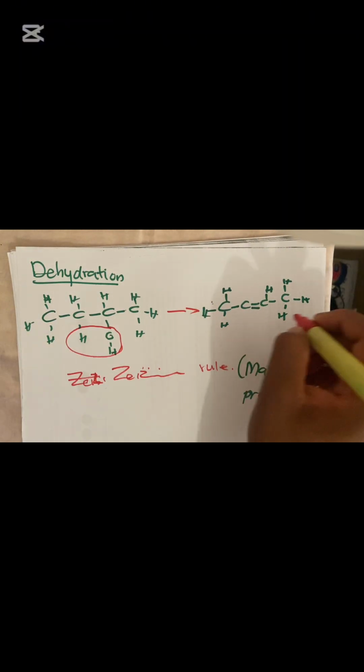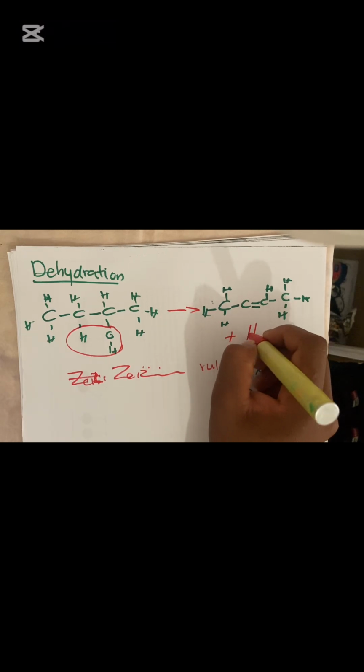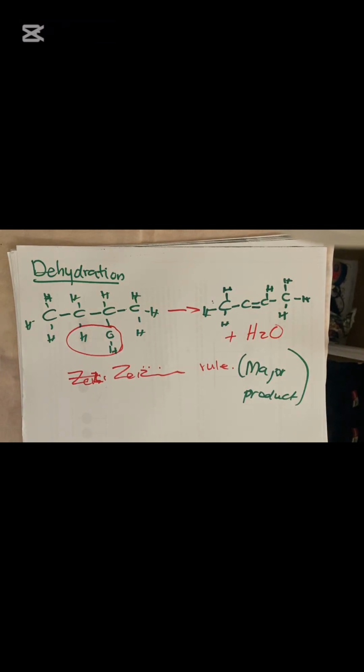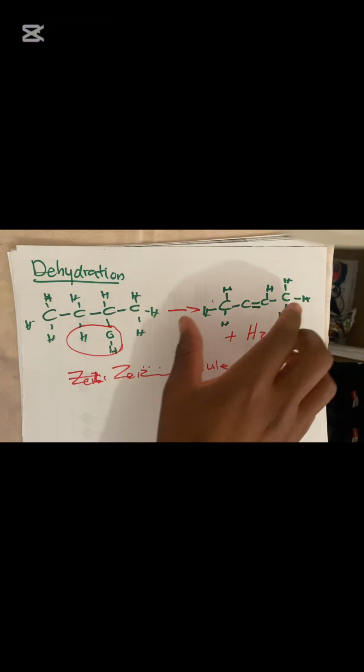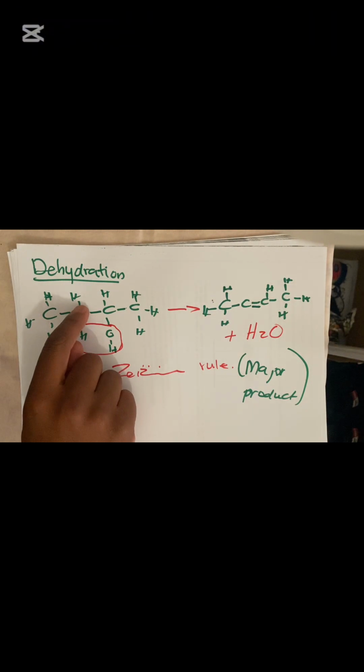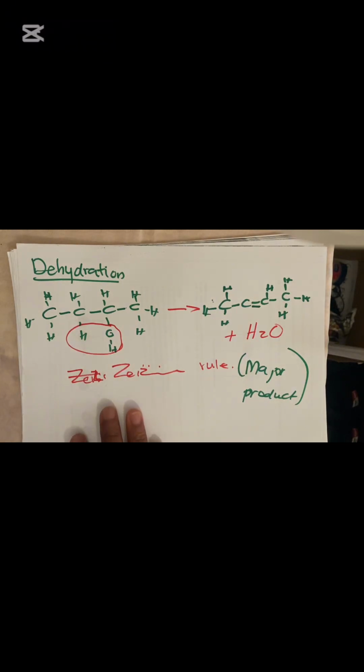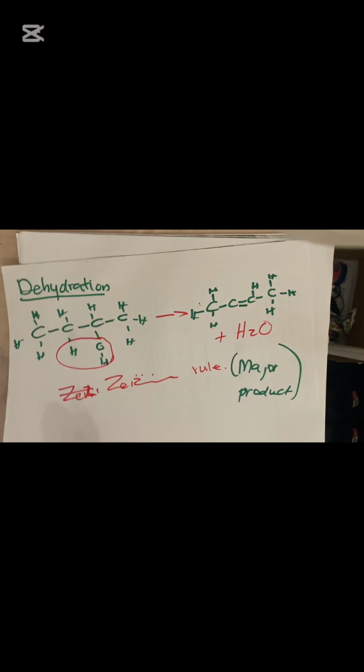We removed water, so we add plus H2O. The water is being removed as a product. We started with single bonds and we end with double bonds. So this is what we call the dehydration. All right, guys, let's move to the next one now.